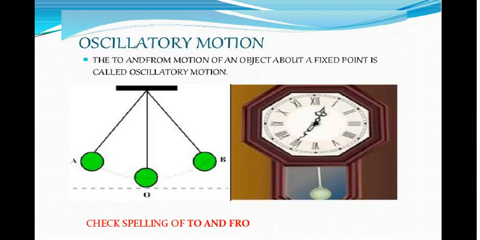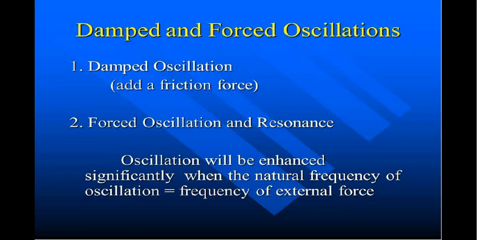Now there are different types of oscillation. We are going to see some cases here. One is damped oscillation and another is forced oscillation. Damped oscillation means when you are playing with a swing, automatically you will come to rest because of air friction and so on.